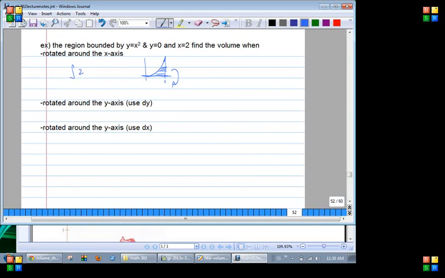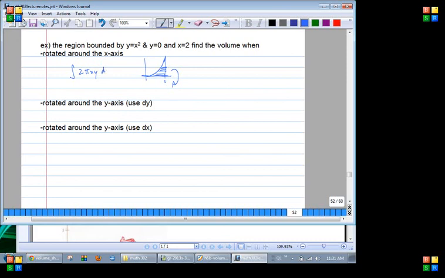The integral of 2 pi xy. We got to be careful here. So 2 pi times the wait, how do we say this? Times the height. Well, either way, x, y, or y, x, I guess doesn't matter. But d what?